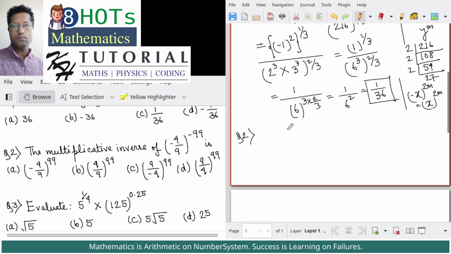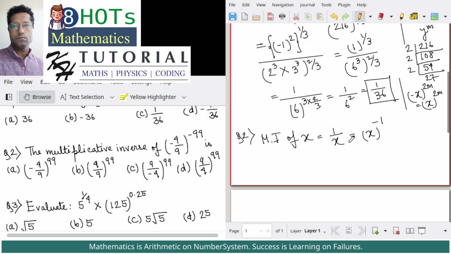Now, what is multiplicative inverse? Abbreviating multiplicative inverse as MI, the MI of any number x is equal to 1/x. The multiplicative inverse of a number is also known as its reciprocal. So the multiplicative inverse of x is nothing but that number x raised to the power -1. That is the reciprocal 1/x.